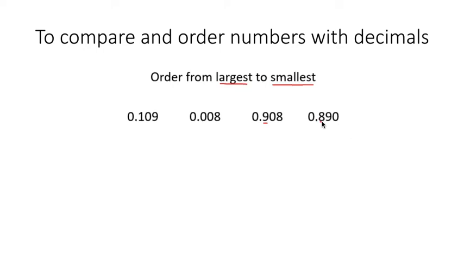Well, I know that 8 tenths is going to become next. And we've got 1 tenth and 0 tenths. 1 tenth is going to be more than 0 tenths. So just by looking at the tenths, I didn't even look at the hundredths and thousandths columns. I know that 0.9 something is going to be larger than 0.8 something, which will be larger than 0.1 something, and then I know the smallest will be 0.0 something. And there they are.